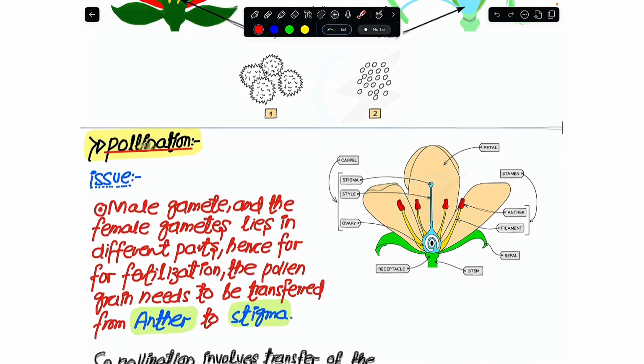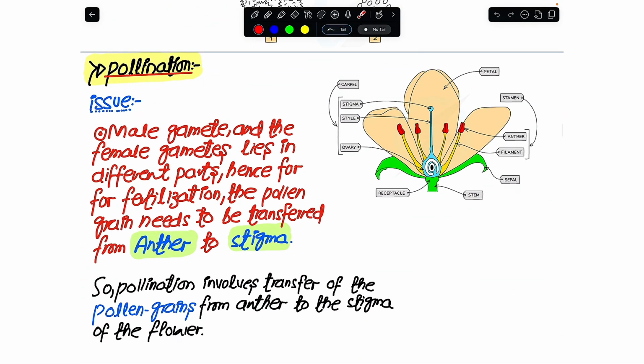Before understanding the meaning of the term pollination, as I have highlighted, we need to see the issue. The issue is that the male gamete, as I have highlighted in the diagram, and the female gamete lie in different parts of the flower.